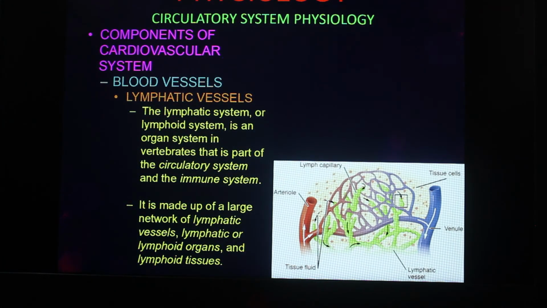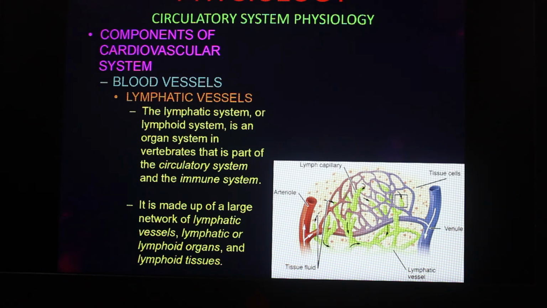And we said that we also have lymphatic vessels. The lymphatic system or lymphoid system is an organ system in vertebrates that is part of the circulatory system and the immune system.